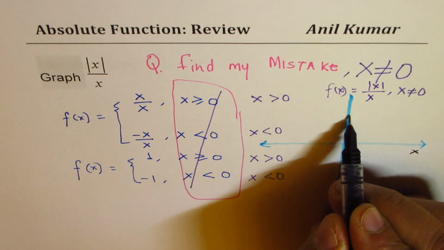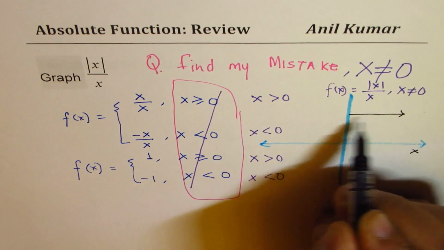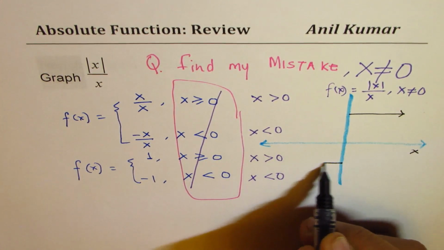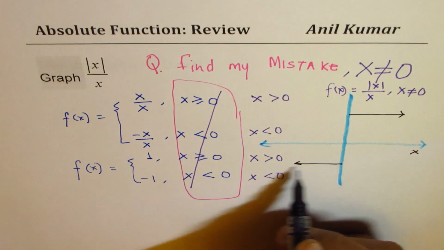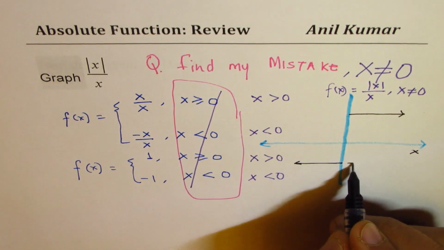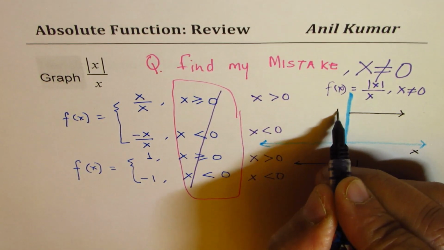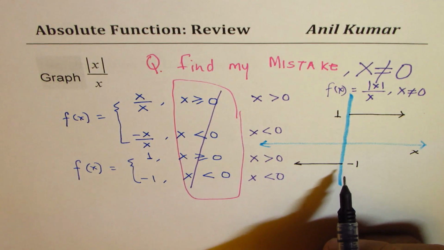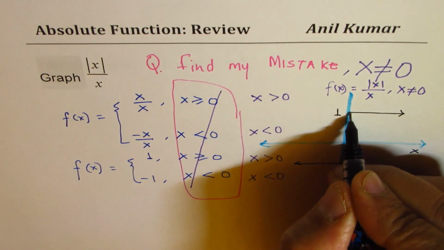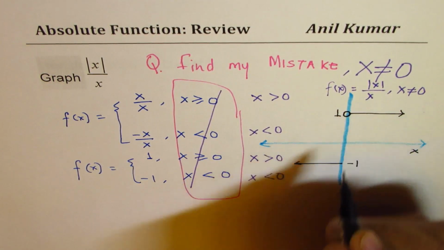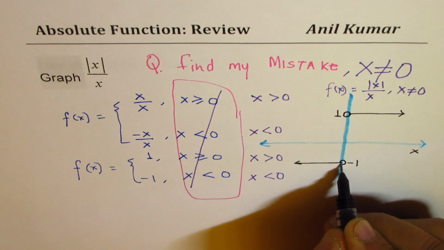So we have at 1 a line which moves forward and a line which moves backward. It means constant, right? This value is minus 1, this value is 1. The correct graph will have an open circle here.